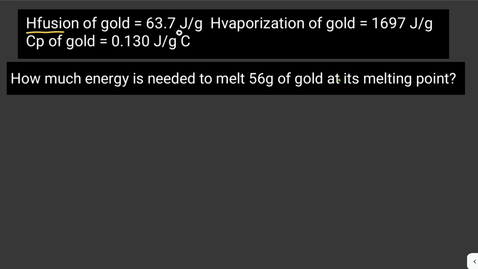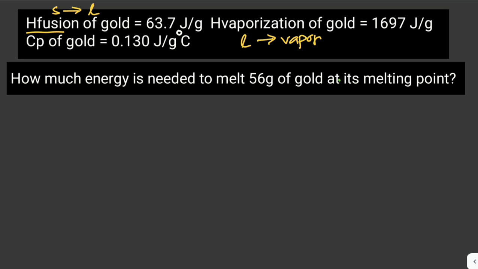When we say heat of vaporization, it is the amount of heat needed to turn 1 gram of a liquid into a vapor without a rise in the temperature of the liquid. So fusion is from solid to liquid, then vaporization is from liquid to vapor or gas.